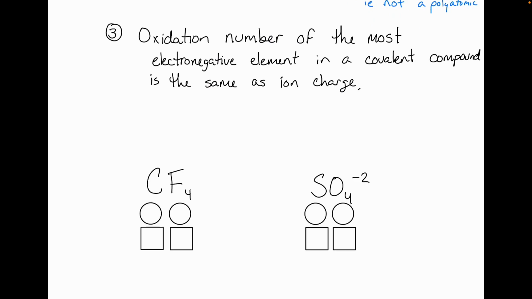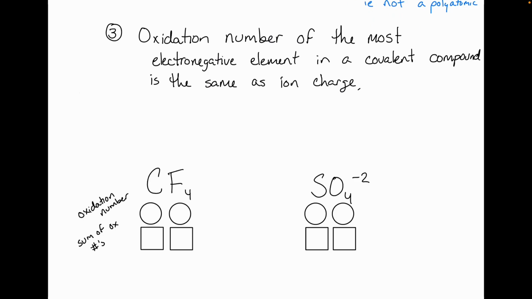In that top circle, we're going to do the oxidation number of that element. And then in the bottom box, what we're going to keep track of is the sum of the oxidation numbers. I'll show you why, and we'll see why this is important here in a second.